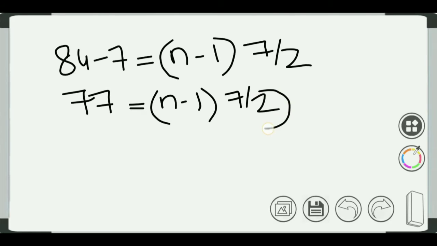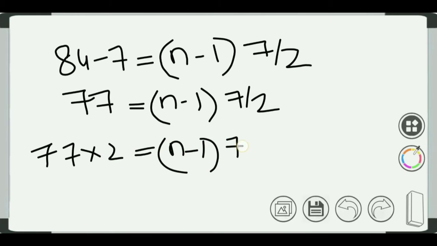Now I am taking this 2 this side, so divided by 2 becomes multiplied by 2. So 77 into 2 equals n minus 1 into what is remaining here, 7. 77 into 2 is 154, equals n minus 1 into 7.